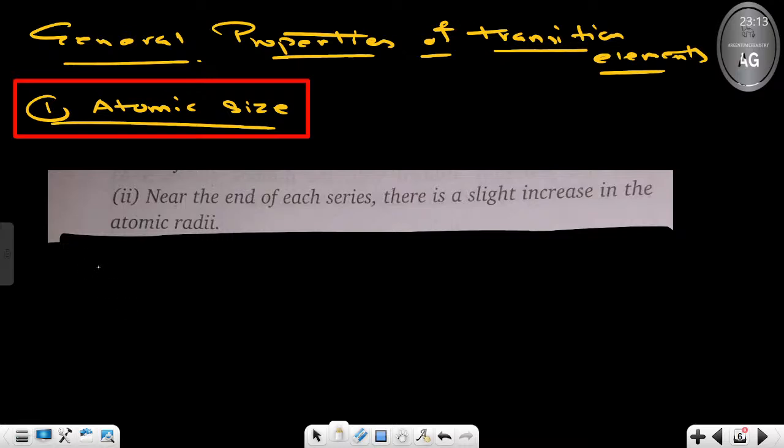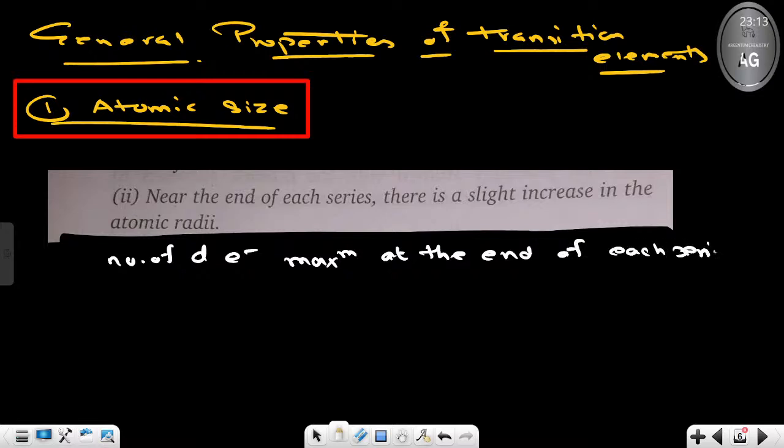Clear? So what you are going to write in your answer, you understand? In your answer you must mention that number of d electrons is maximum at the end of each series. This is one point.